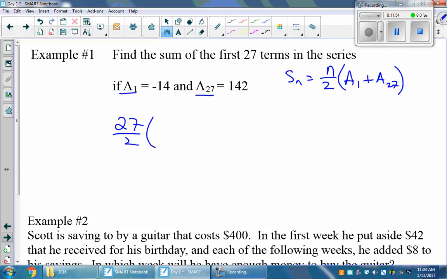Divide by 2. First term, negative 14 plus 142. And now you just plug that in your calculator. Let's see, 13.5 times, parenthesis, negative 14 plus 142.